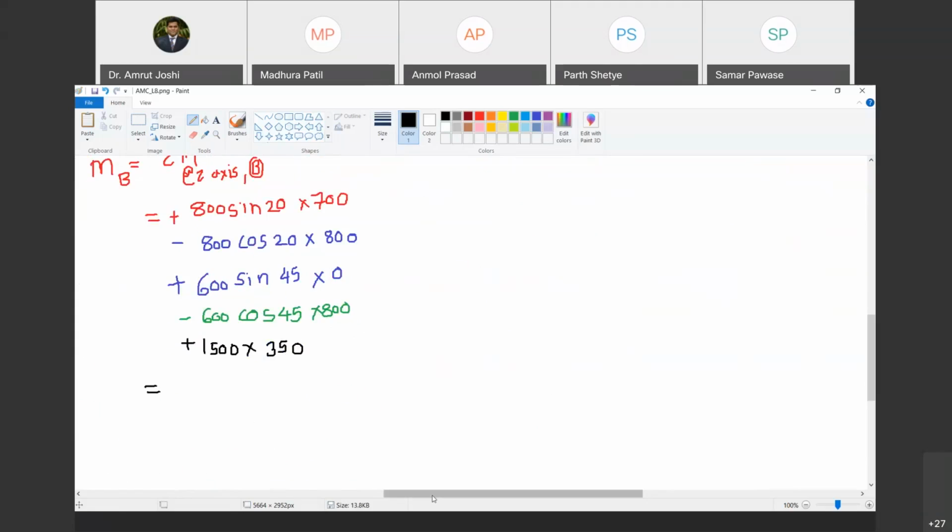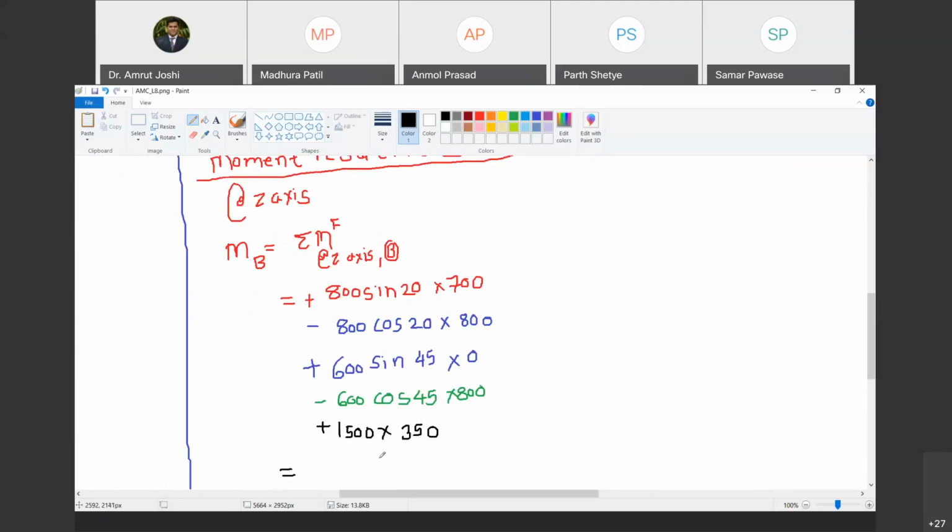Do this and tell. Yep. No, now it can't be minus. I hope so. देखना पड़ेगा. 800 sin 20 multiplied by 700 minus 800 cos 20 multiplied by 800 plus 600 sin 45. Oh, sin 45 vanishes.